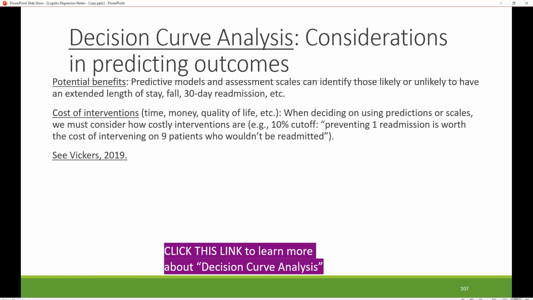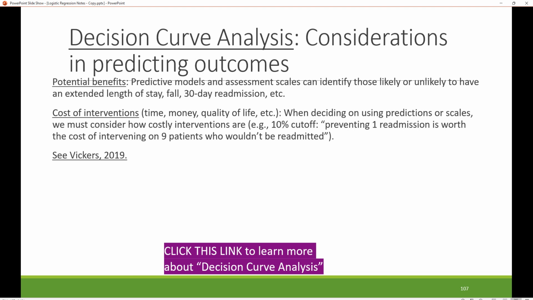That might be in terms of staff hours or staff time or staff efforts, but we also need to consider what the effect is on the patient. Is it a big inconvenience? Another example that we can consider would be taking biopsies.